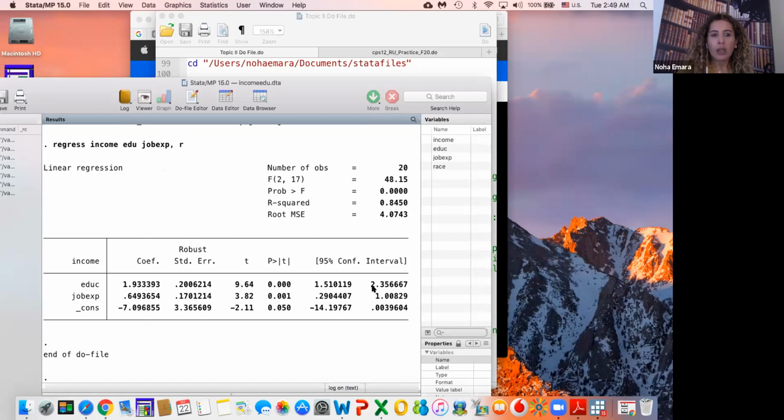Okay, so let me show you the formula of this robust standard error, so that we completely close this part. Let me go back to my iPad.